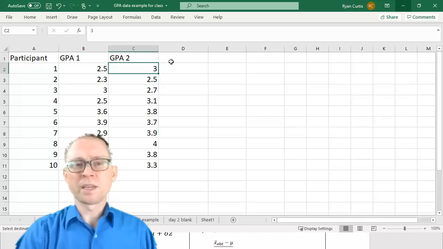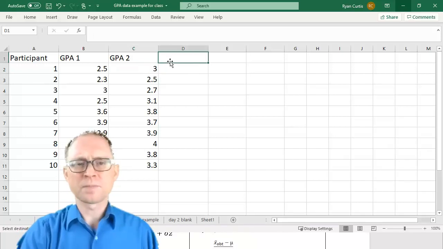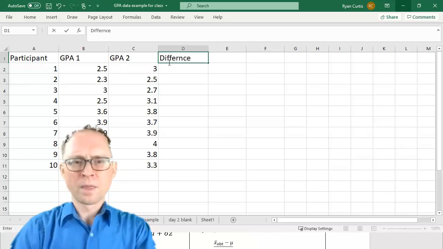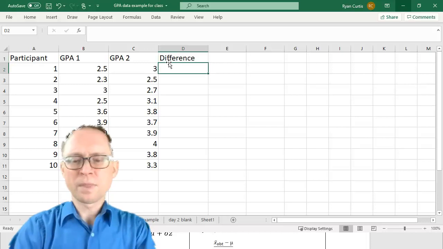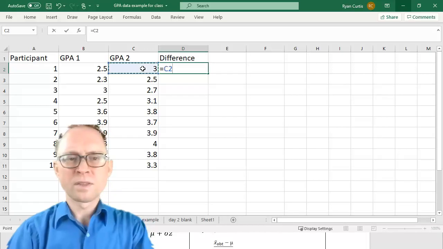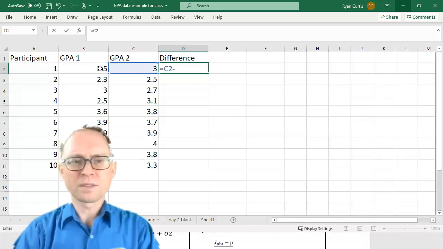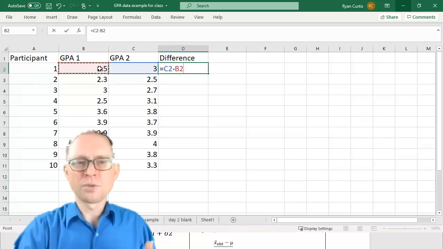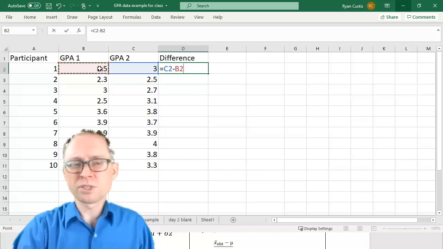The first step to calculating T, paired samples t-test, is to get the difference. Now, remember that the difference is the second one minus the first one. Now remember, I don't particularly care that you go in that order as much. It'll just change the sign, right, of what's going on.